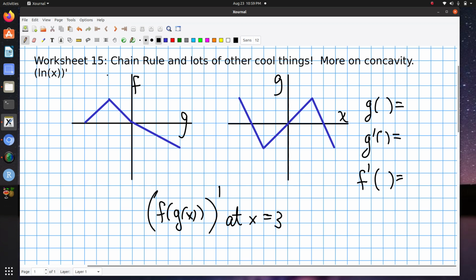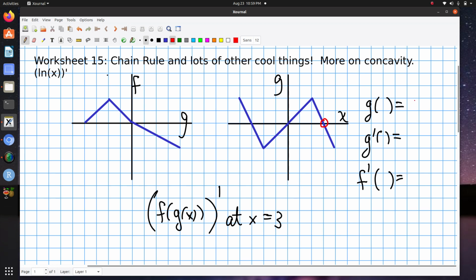All right, so you think about this, pause, and then come back and see if you agree with me. Okay, let me try that. g of 3 is what? g of 3 is actually 0, and we already killed this problem because f at 0 has a derivative that does not exist. So we can stop that problem. That's a does not exist situation.